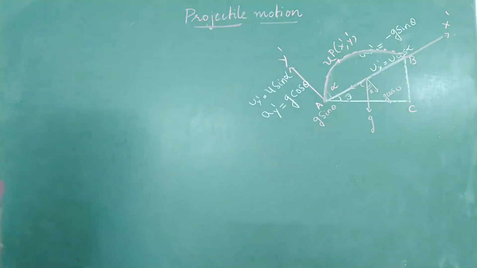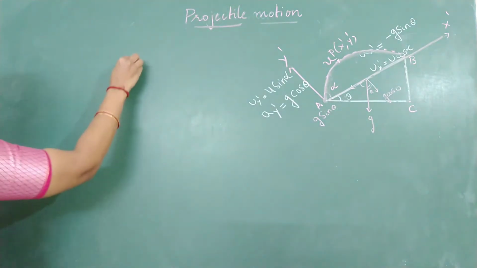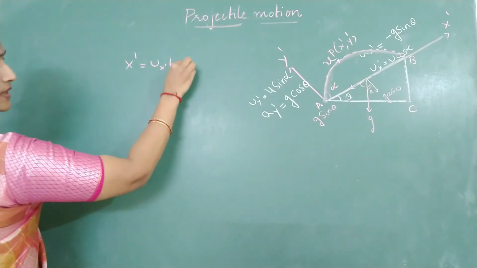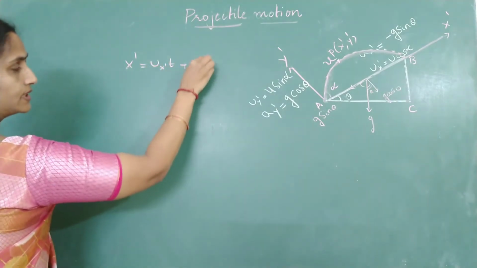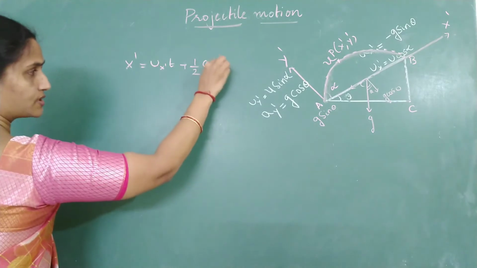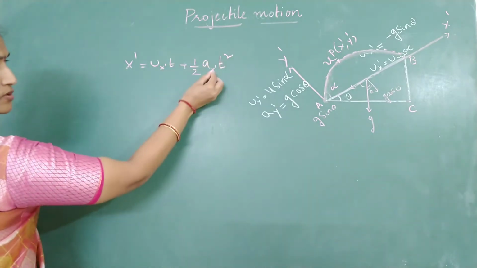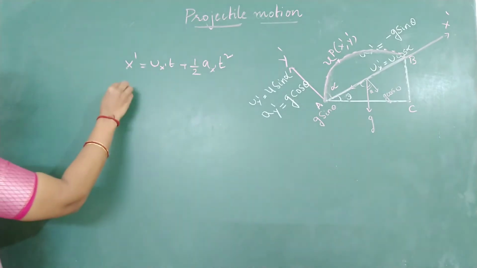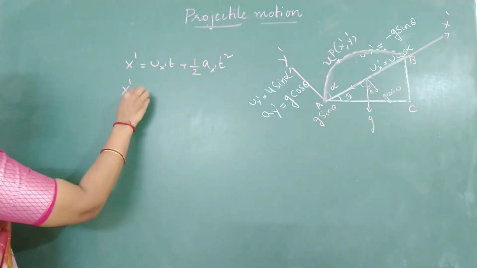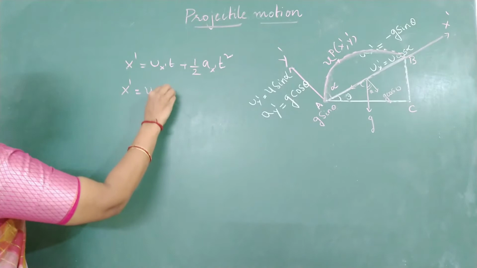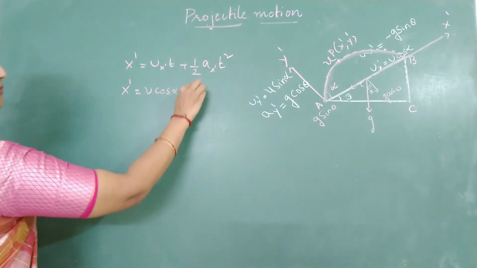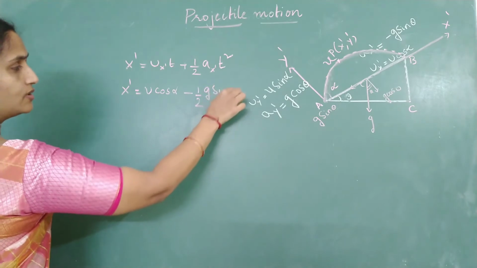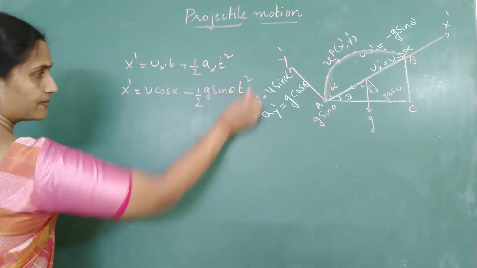So we know x dash is equal to u x t plus half a x dash into t squared. We know the values of u x and a x dash. Find out its x dash component: u cos alpha t minus half g sin theta into t squared.